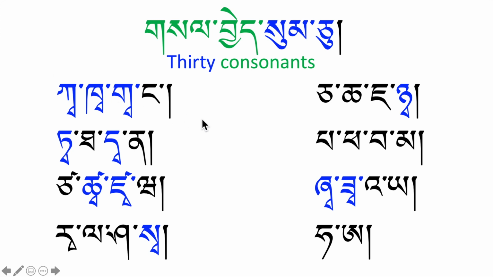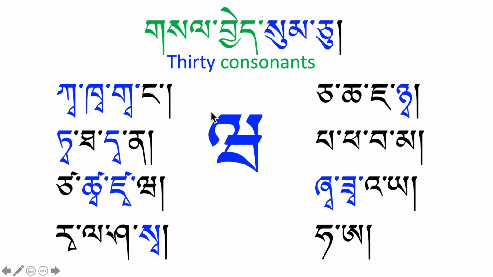So you can see here 30 consonants, and from the 30 consonants only 12 letters can have Wassur. This one we call Wassur, and previously we learned Watak.